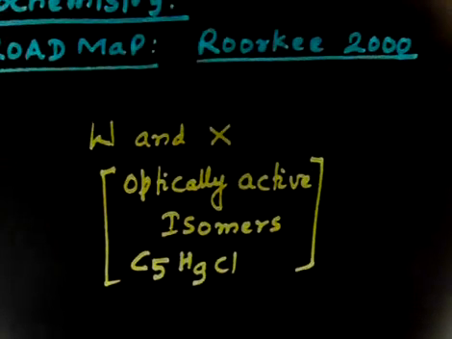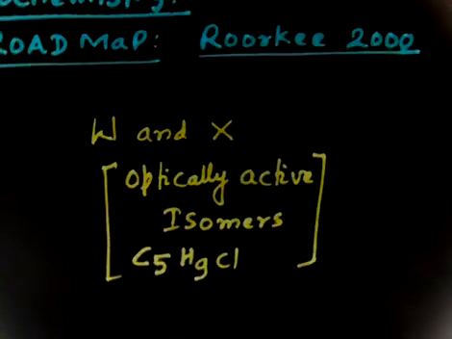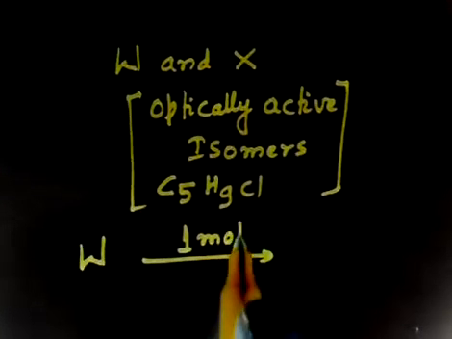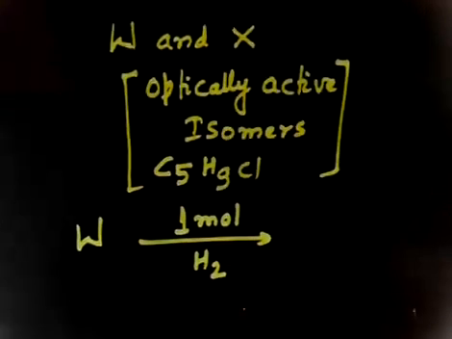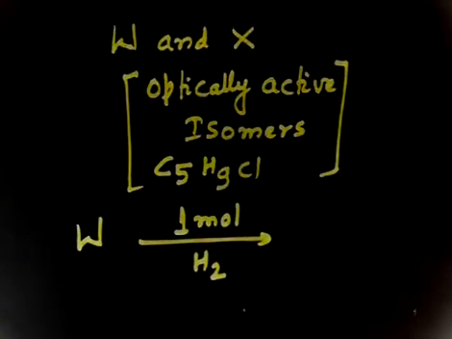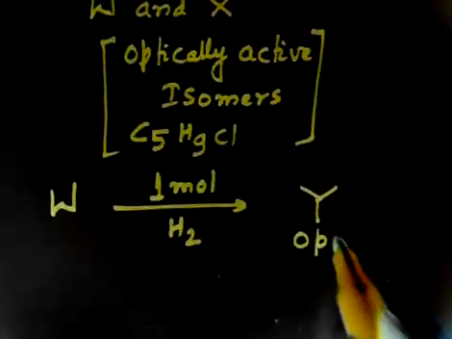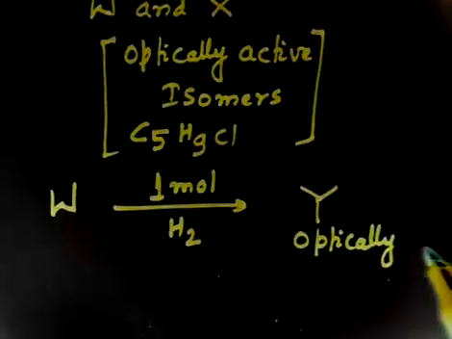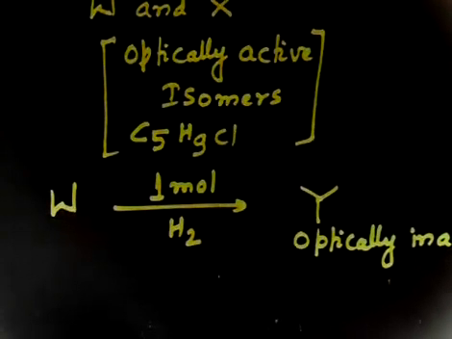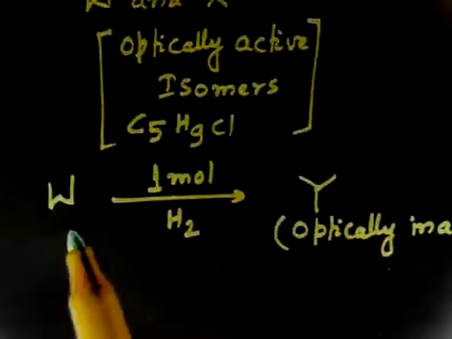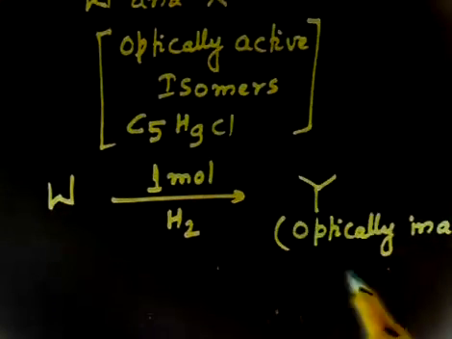Our next part of the question says W on treatment with 1 mole of hydrogen. So W is treated with 1 mole of hydrogen, which means there will be something like a double bond. It is converted to an optically inactive compound Y. So if I add 1 mole of hydrogen, this becomes optically inactive.